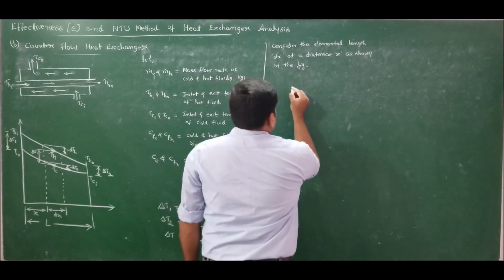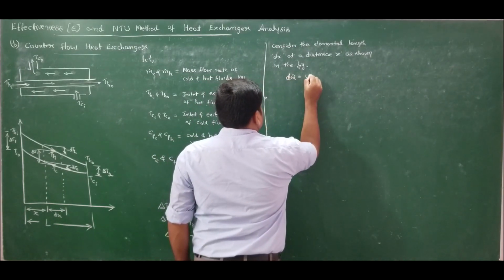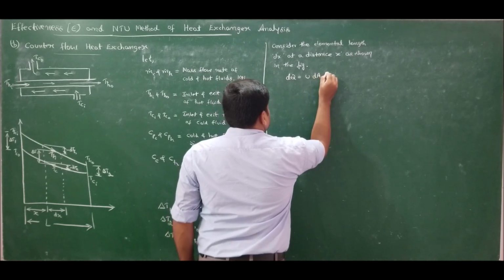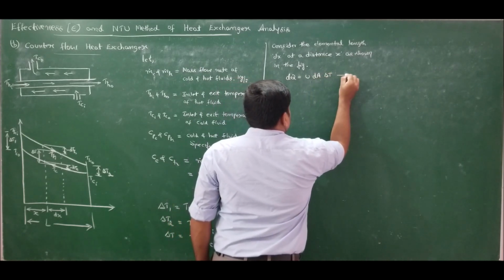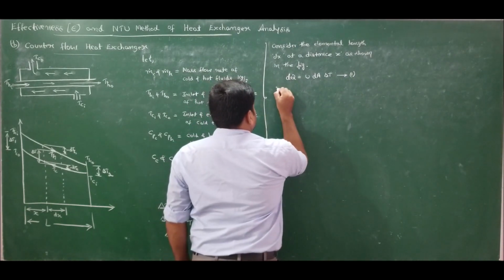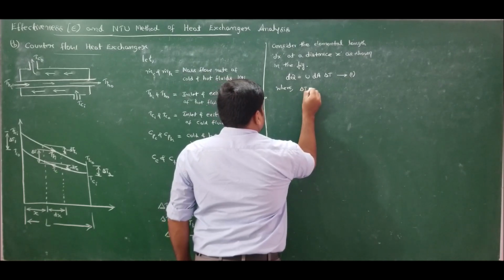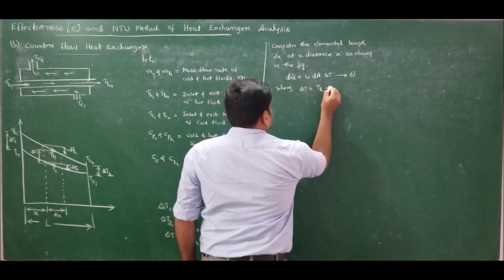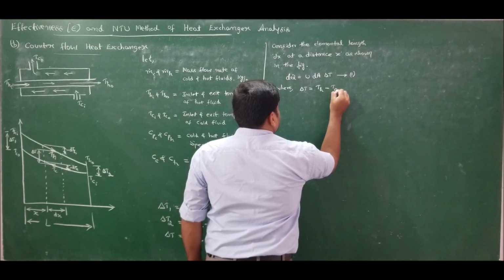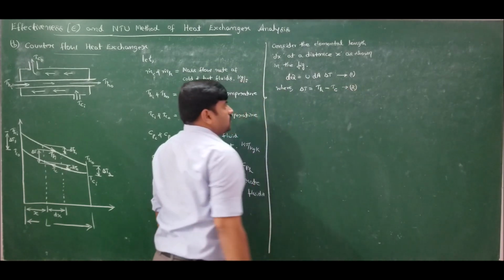Now for the elemental length, the rate of heat transfer dq can be written as U dA delta T, right? Take it as equation number 1, where delta T is the bulk temperature difference of the elemental length, that is Th minus Tc. Take it as equation 2.